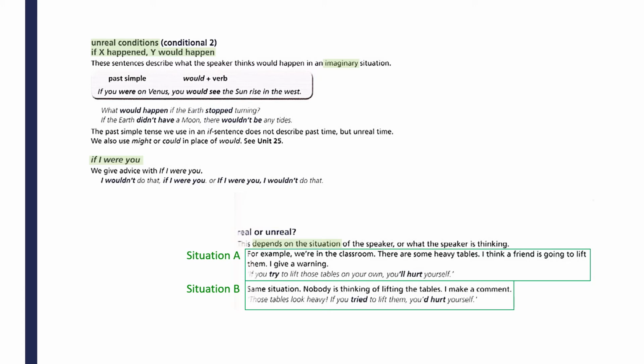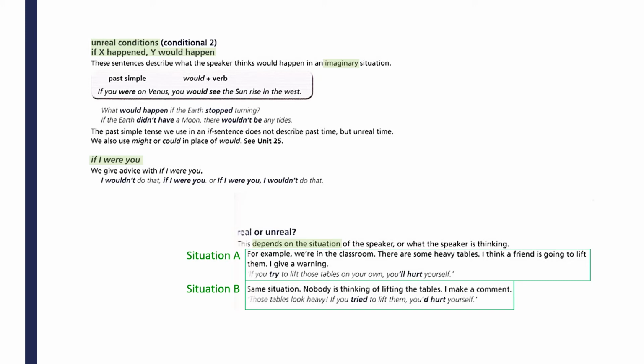Situation B, I see some tables, but no one's doing anything. I simply make a comment because I imagine those tables look heavy. So I imagine if anyone tried to lift them, they would get hurt.